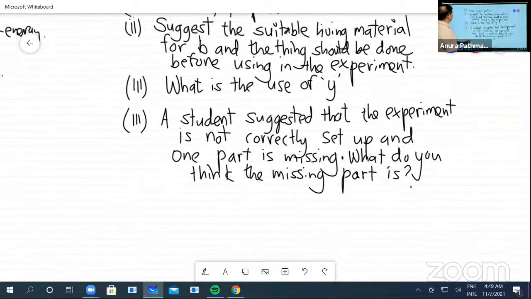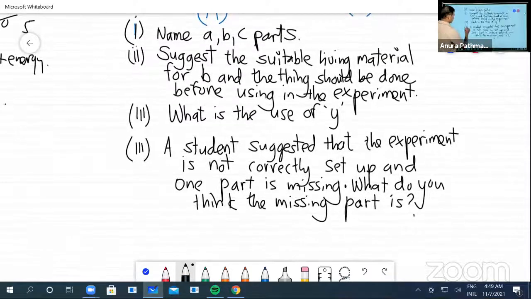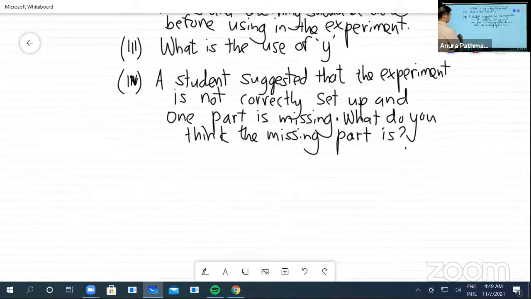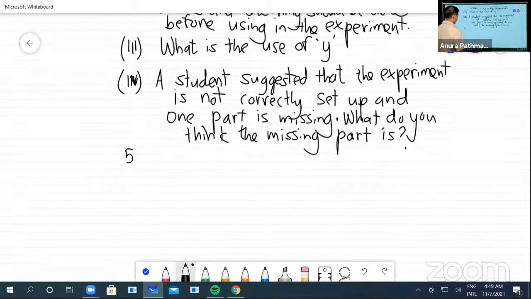For this is 1, 2, 3. This is the fourth one, and this is 5. The fifth one.